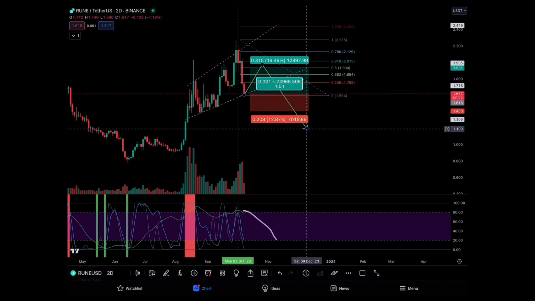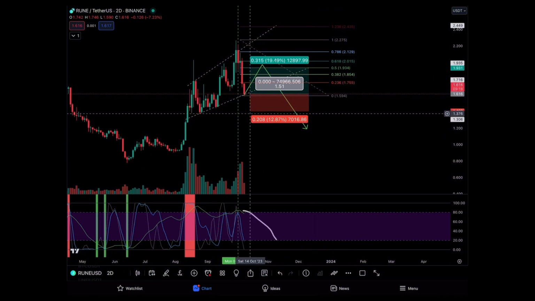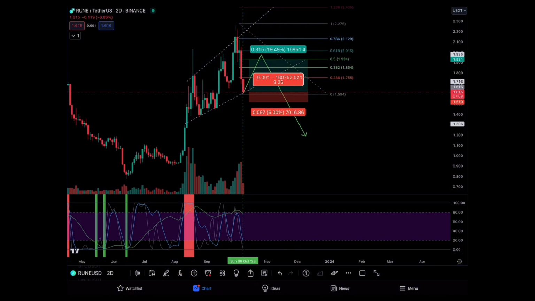So you could either long this like that, or you could tighten your stop loss to be below the trend line, but then you can get stopped out on a stop hunt. So these are two ways to take the trade. Next one on the list is Maker.